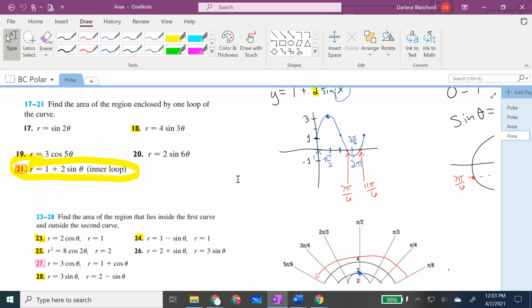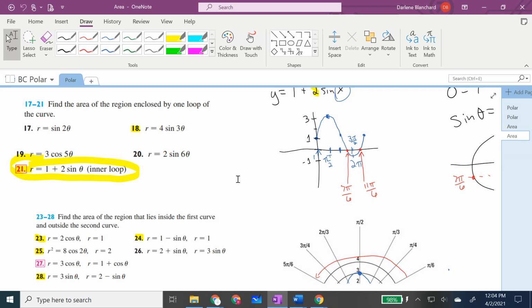If the amplitude is more than the translation, then you're going to have an inner loop. But you could have the translation be more than the amplitude and not have an inner loop. And there are a variety of cute little graphs that come about. The most famous of which, maybe, is the cardioid.